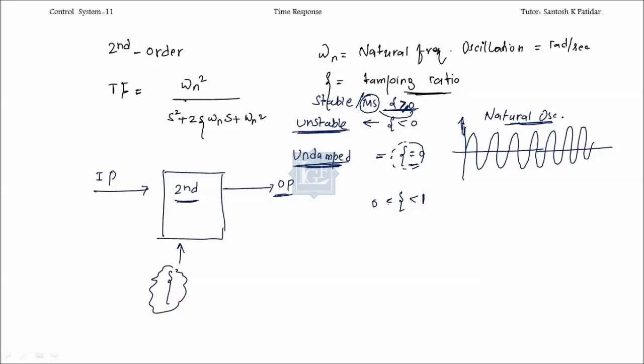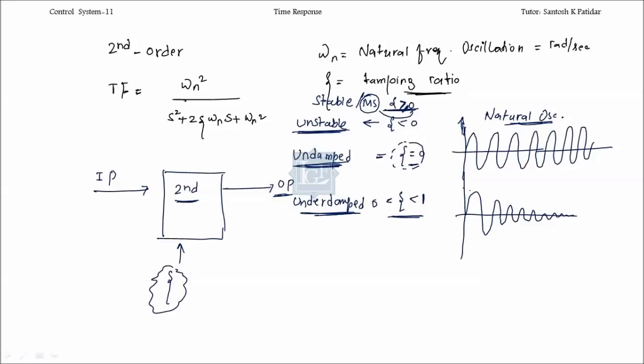Correct? So in this we have seen last time that it is underdamped system. This is underdamped, means now your system output will be damped by some factor, whatever value of zeta you are taking over here. Correct? In this case, we got the output like this. Damped oscillation means at t equal to infinity, it's going to die.